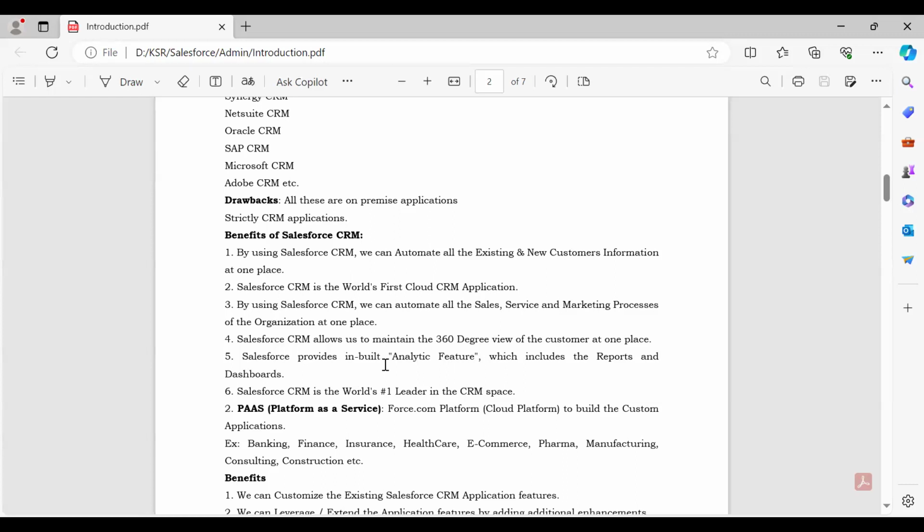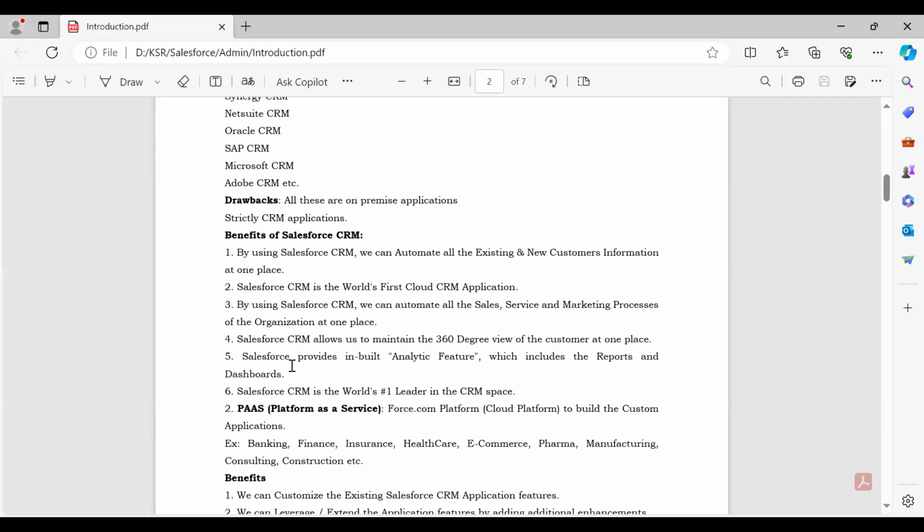It may be sales, service, or marketing, or whatever it may be. In order to analyze the data we have stored, they are providing an inbuilt analytic feature. That means it includes generating the reports and the dashboards also.